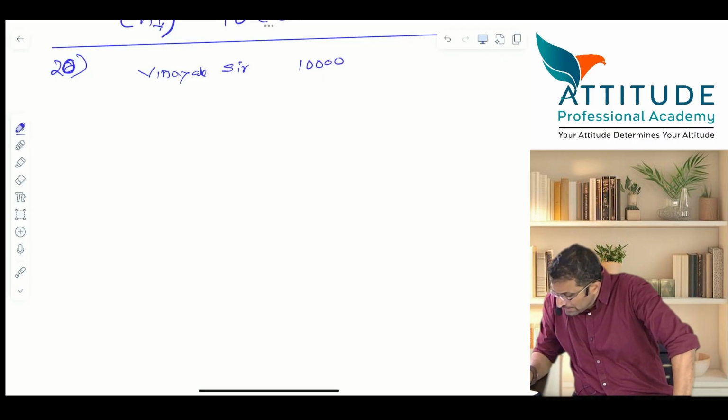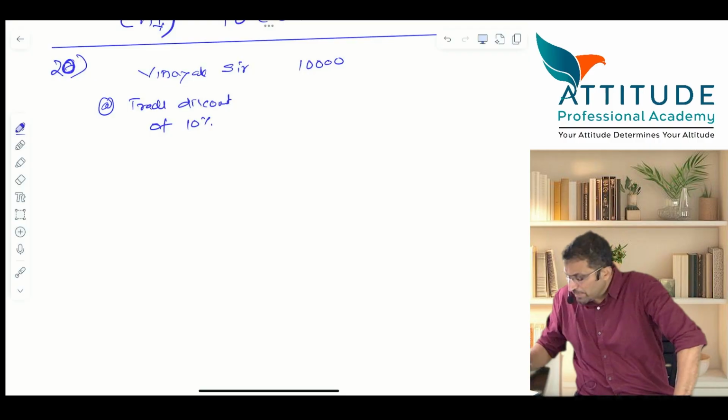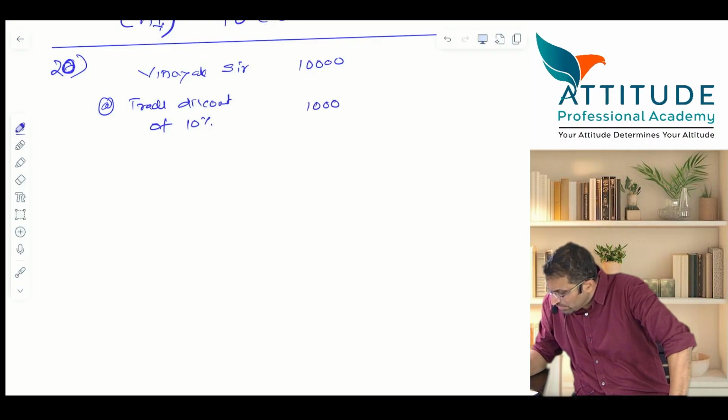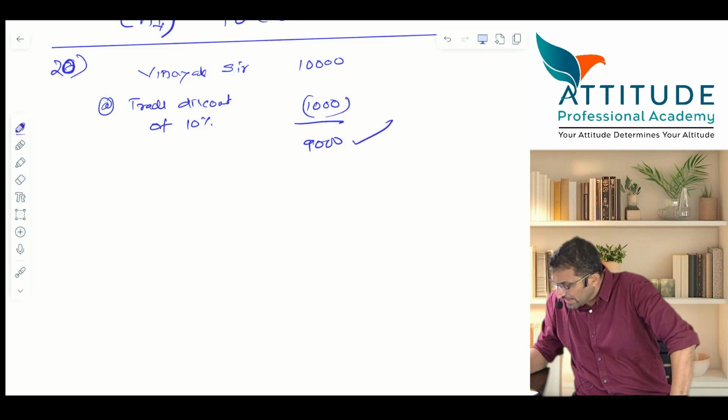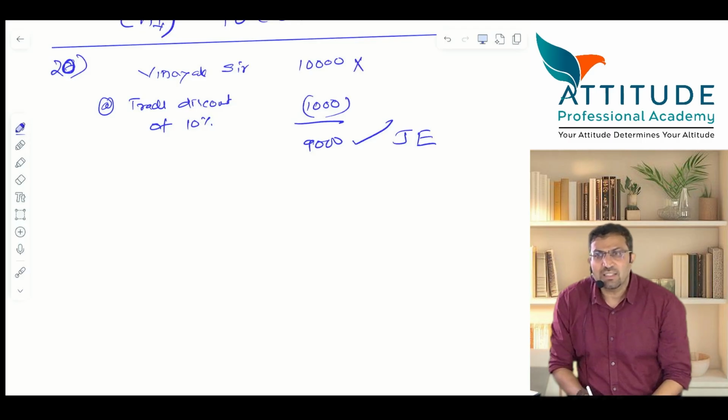Okay. At a trade discount of 10%. So it means that what is the price now? 9,000. So the journal entry is passed for only 9,000 and not for what? 10,000, because trade discount will not be recorded in the books.